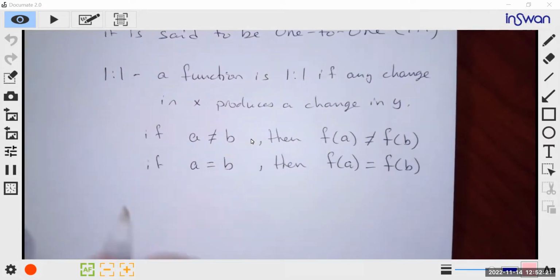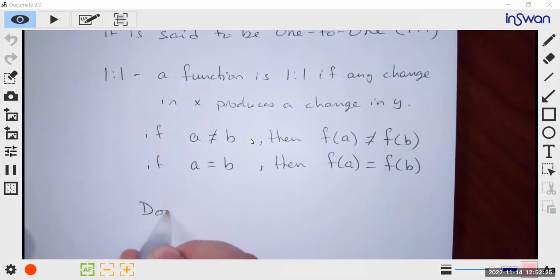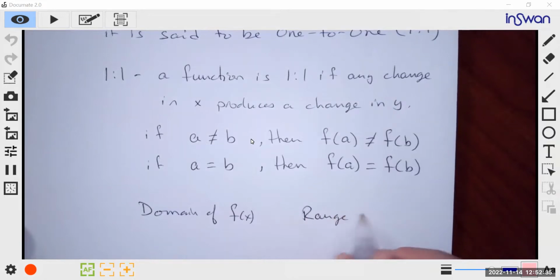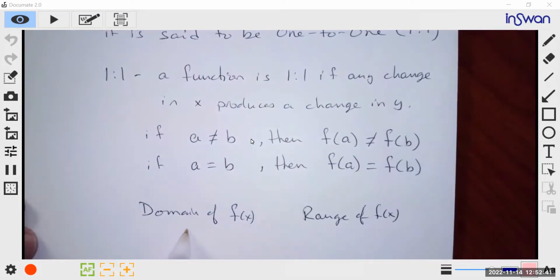And here's what happens. The domain of the function and the range of the function, of the original function, the domain is equal to the range of the inverse.